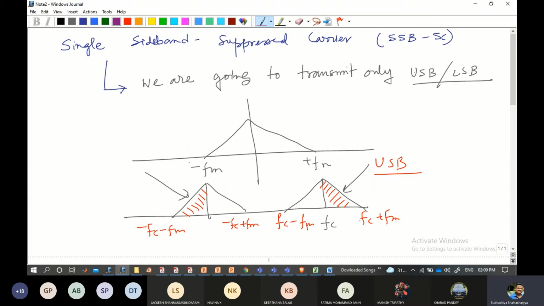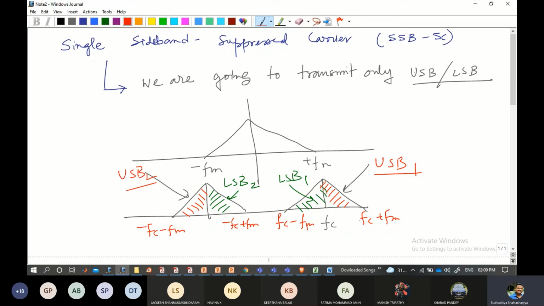So if I color this as green, both this red and green shaded region, this is my LSB. Suppose I mark it for our convenience LSB1, this is my LSB2, and I'll put this as USB1 and USB2 just for our reference.